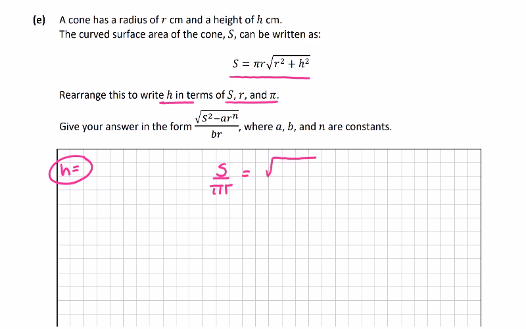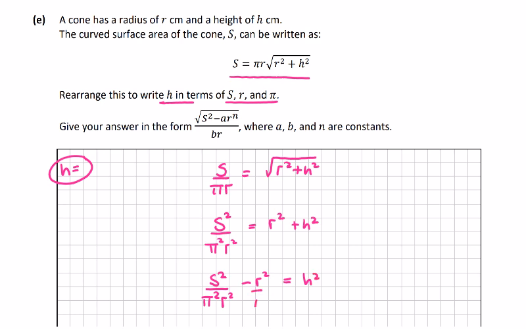Just do it one step at a time. s over pi r equals the square root of r squared plus h squared. Square both sides, I get s squared over pi squared r squared is equal to r squared plus h squared. So s squared over pi squared r squared minus r squared is equal to h squared.